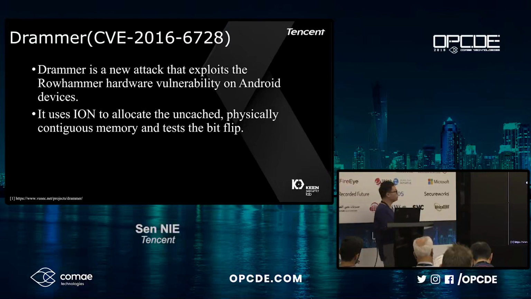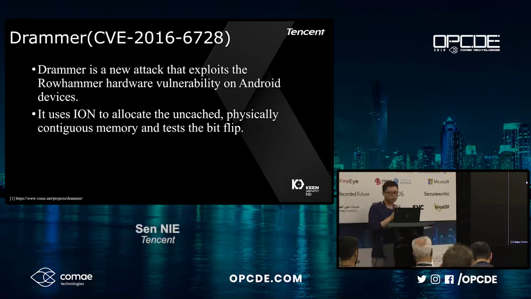The big difference between exploiting an Intel device and an ARM device is how to allocate uncached physically contiguous memory and test the bit flip.